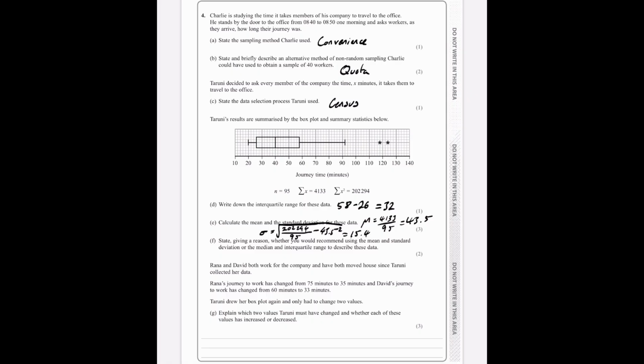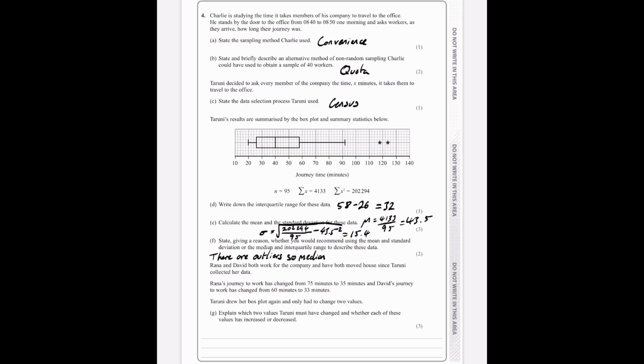For F, our recommendation, well, there are two outliers, and the problem with outliers is that they will skew a mean, and they will skew a standard deviation as well.